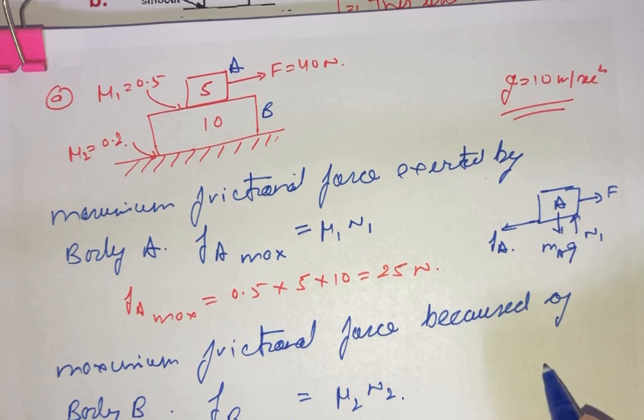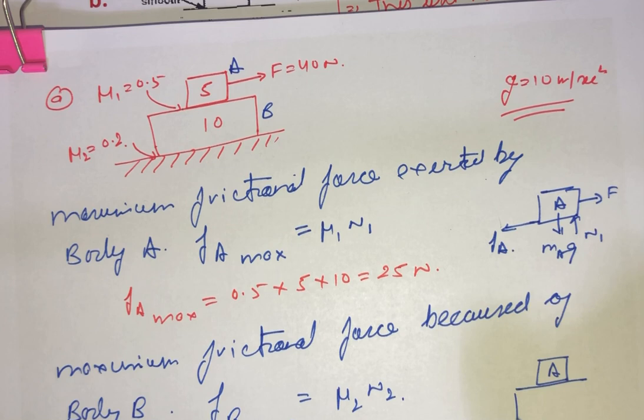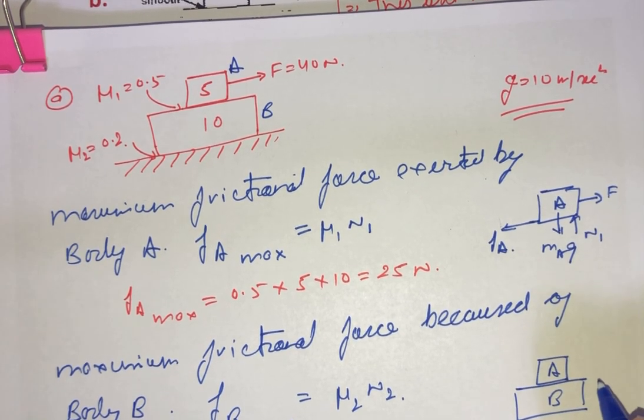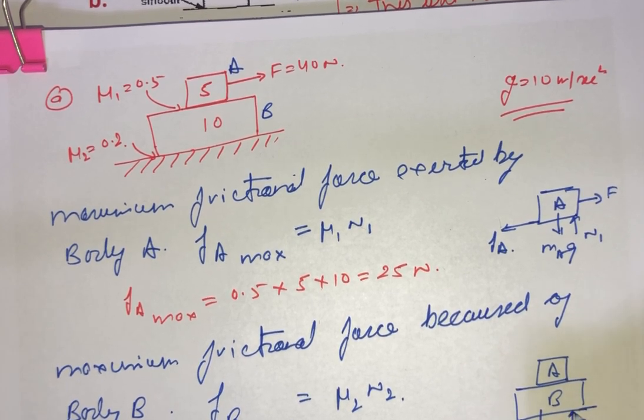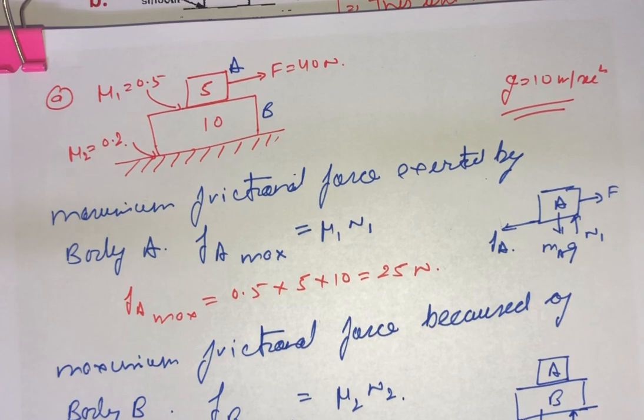Okay, so in this case there will be body A and this will be body B, and this is FP, and there will be mg. M means mass of A plus B, so let us write it as capital M into g, and there will be normal N2.